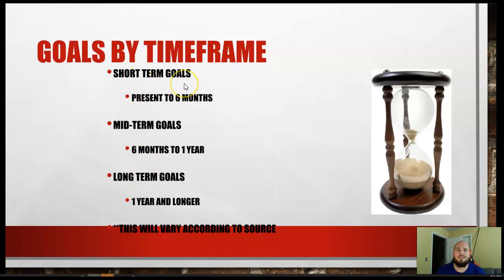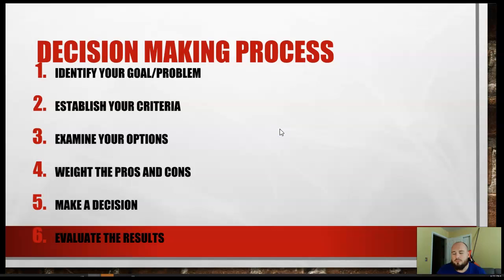So short-term is anything from now to 6 months. Long-term is anything over a year and longer. Okay? So, a great short-term goal could be, well, it's a little challenging. Most short-term goals are pretty minimal. What I mean by that is going to college can be a short-term goal, but not necessarily for this class.